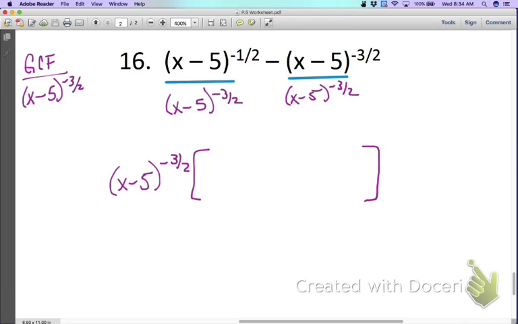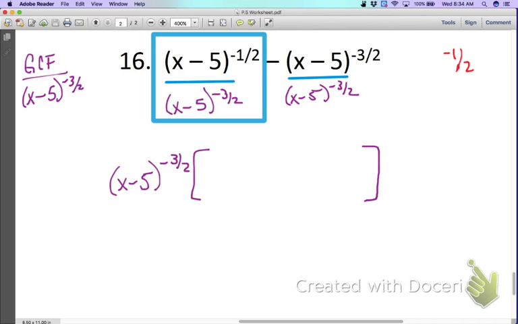So if we look at each one individually, if I just look right here, they're the same base, right? x - 5 is the base in the top and the bottom. So what am I going to do with the negative 1/2? What is negative 1/2 minus negative 3/2?